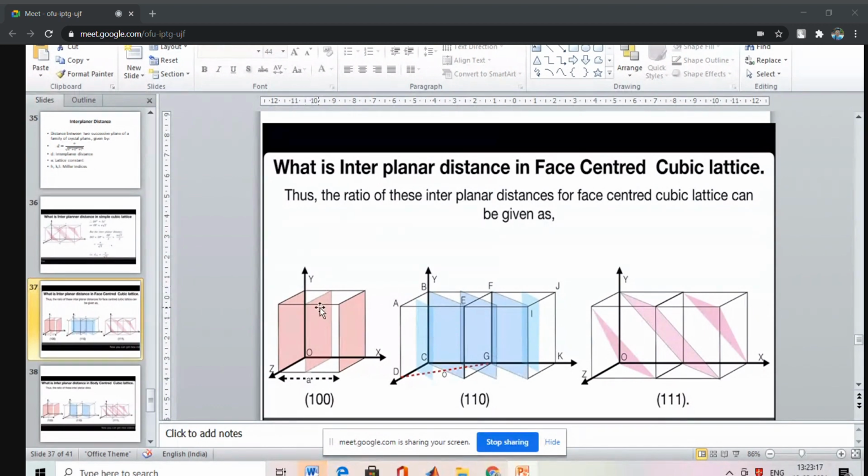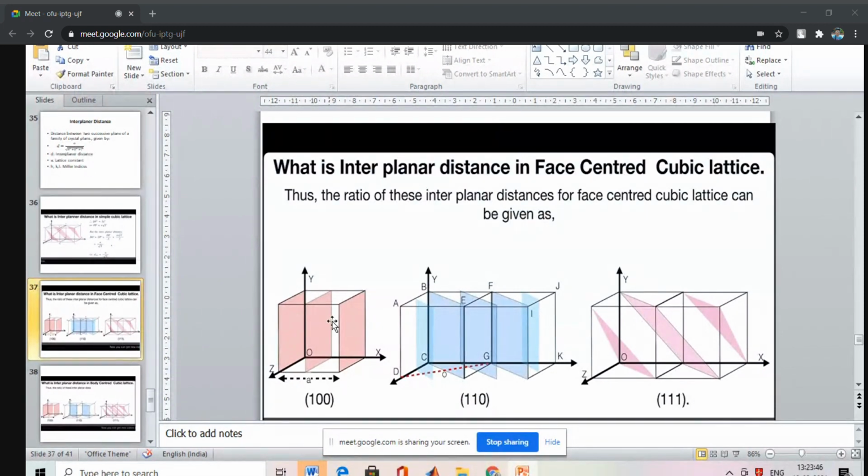So SCC में जो distance है interplanar distance between the two successive planes, तो SCC में वो distance क्या है? A. But in FCC and BCC it will become half ना. दोनों के बीच में exactly ये face centered से plane है. So distance between these two planes. Suppose here, see here, in SCC there is no this middle plane. Okay, so distance between these two successive planes.